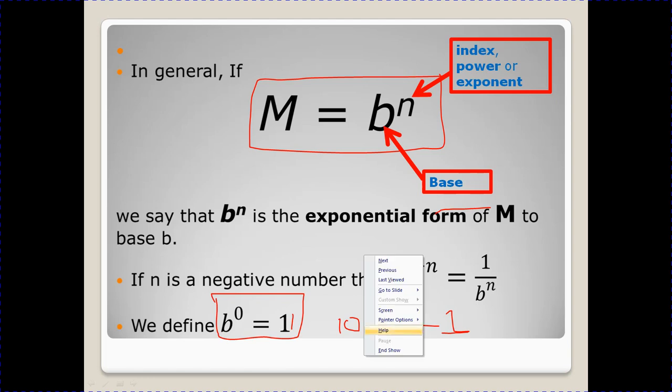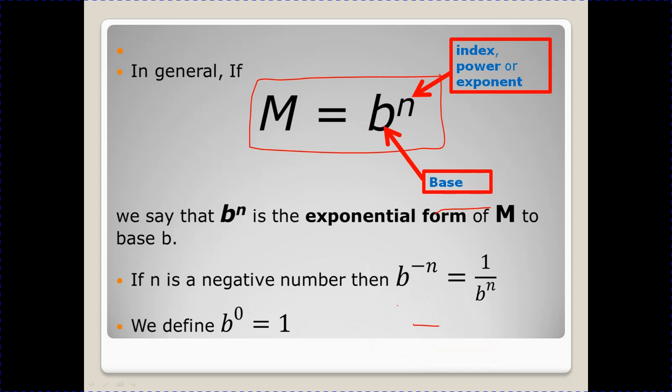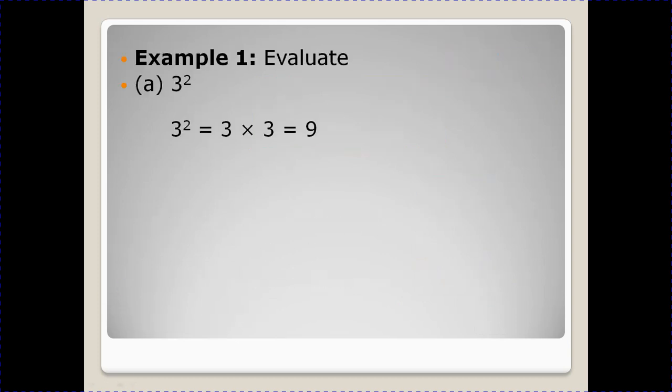So let's say that if I have b to the power minus n, this is 1 over b to the power n, and b to the power 0 equals 1. Now, let's have some examples. When I have 3 squared, this is 3 times 3, so it is 9. 4 cubed is 4 times 4 times 4, and it does not equal 4 times 3.